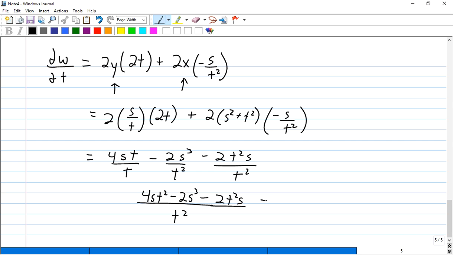Well, the first and last term are like terms, aren't they? Because one is st squared and one is t squared s. So that's going to be 2st squared minus 2s cubed all over t squared.